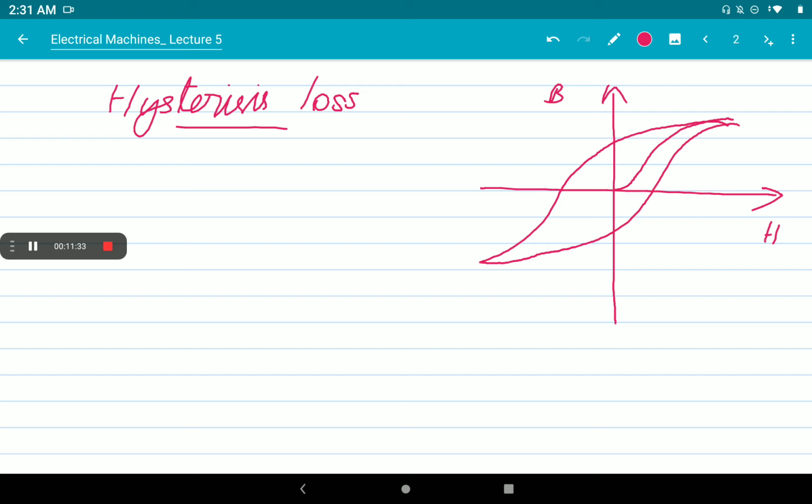So due to this cycle of process, we try to come back to the initial property, but it will not come back. So this will have some losses in this work. That loss is called hysteresis loss, and the area of this loop will give that hysteresis loss.